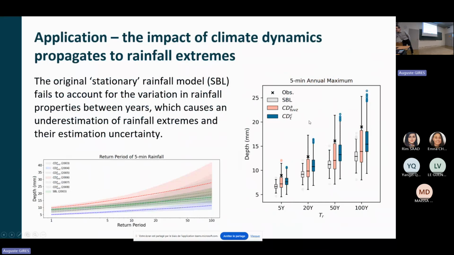But if we consider climate dynamics, we can show there's actually much higher variability in rainfall extremes. Also, for example, at the 50-year return period, you can see the stationary one, compared to the one considering climate dynamics, underestimates a lot. In the majority of cases, it underestimates the potential extreme rainfall. So here, just to demonstrate that this climate generator can be a useful tool to help you evaluate the impact coming from climate dynamics.